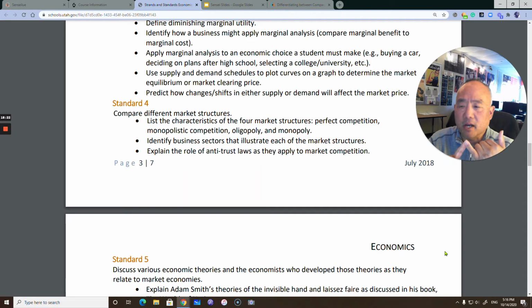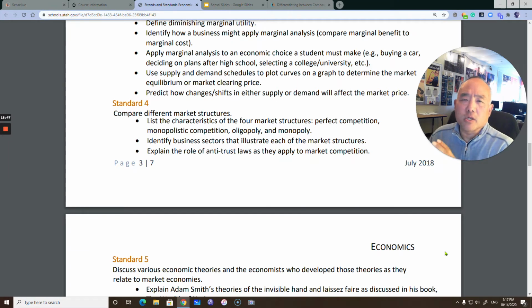That's under perfect competition. Next would be monopolistic competition. Now, monopolistic competition is maybe a little bit confusing because we're not talking about a monopoly, but monopolistic competition is the next step beyond perfect competition. And this is where companies distinguish their products by utilizing branding.